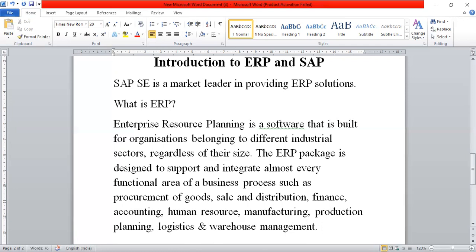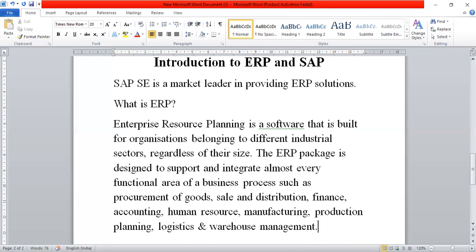So what is the work of this ERP package? It will integrate all functions of the organization. There are so many functional areas in the organization: finance function, sales function, human resource function, manufacturing function, logistics function. So it will integrate all those functions. What is integration?